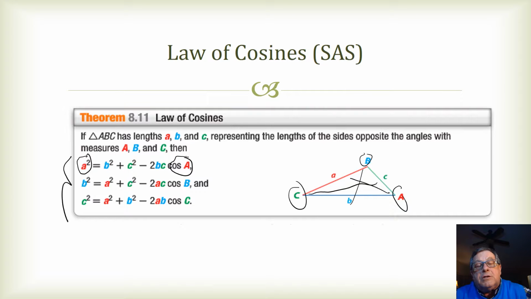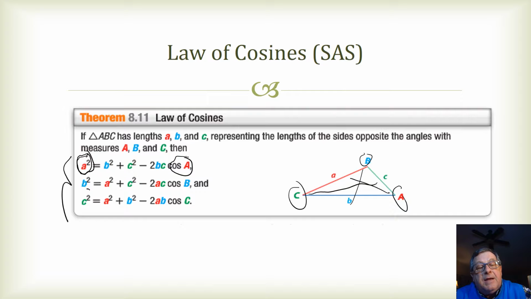If I know the cosine of A, I set this up as a squared equals b squared plus c squared minus 2bc times the cosine of A to find that side measure of a. And the side a and the cosine of the angle A, they bookend that formula.